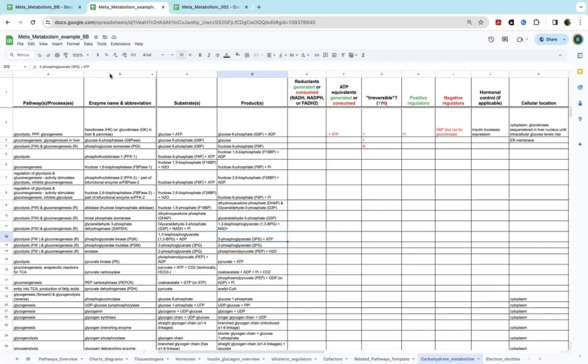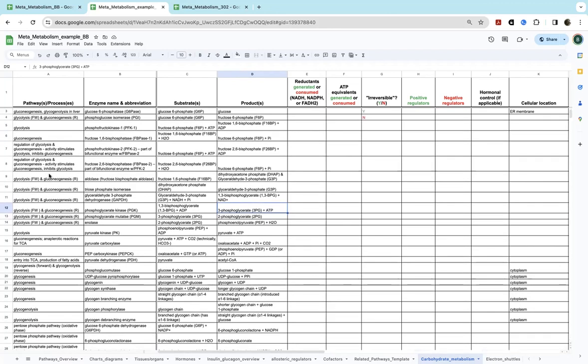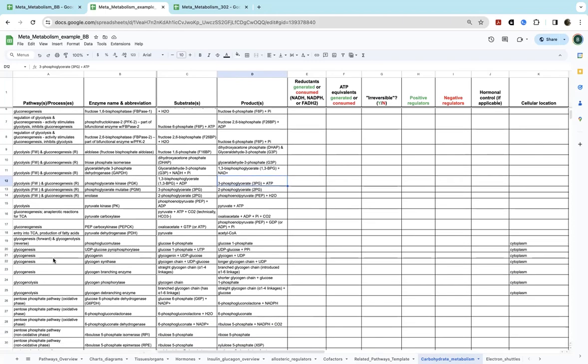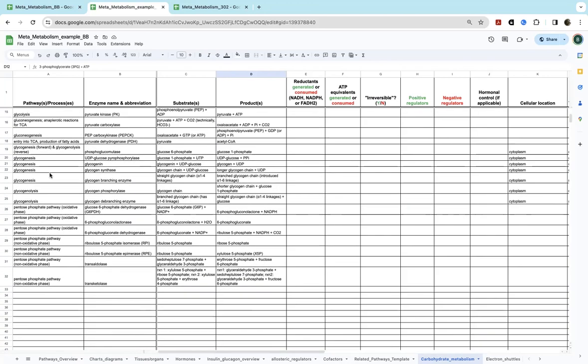For each row, there's a different enzyme, and then what pathway or pathways is it involved with? Some of these are involved with glycolysis and gluconeogenesis, whereas some are only in one direction, and some are involved with various different pathways.